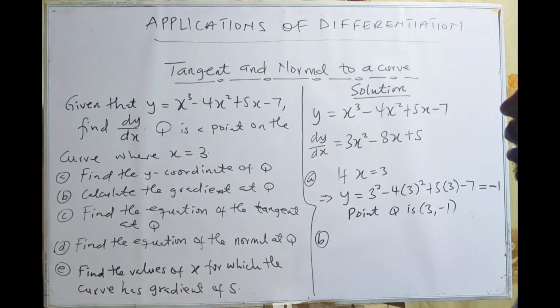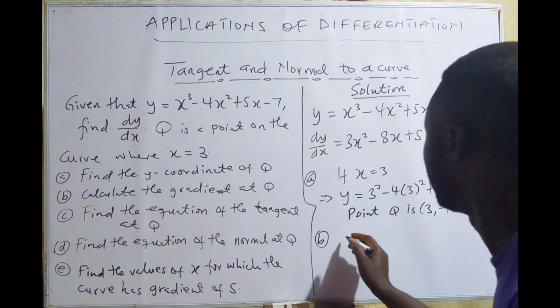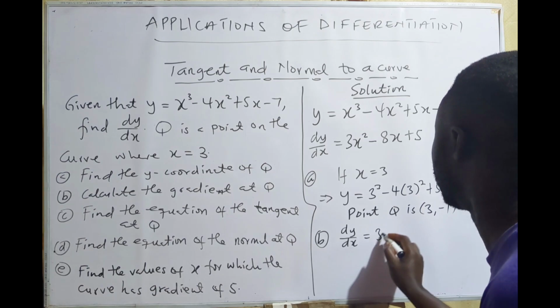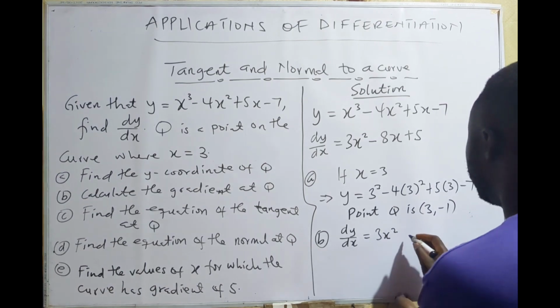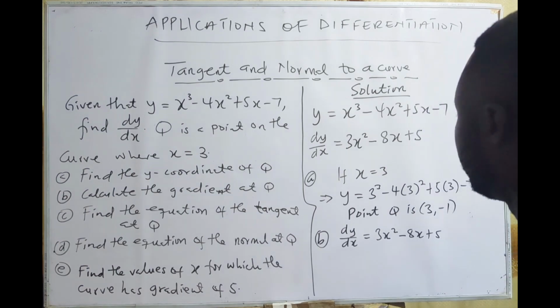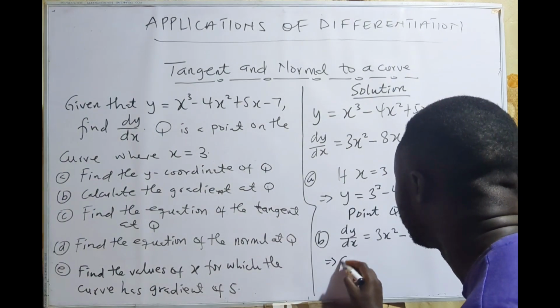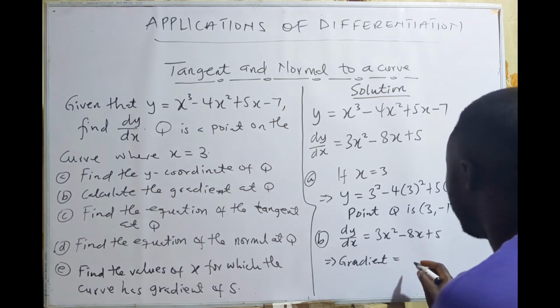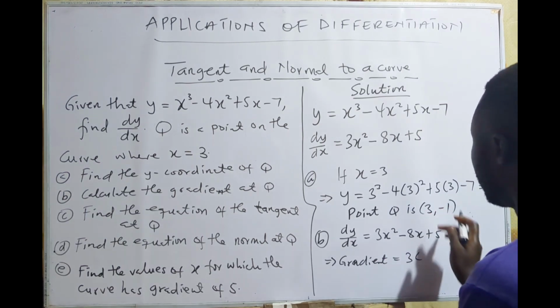B. Calculate the gradient at Q. So we are going to calculate the gradient at Q. What is the gradient function? Our dy/dx is 3x squared minus 8x plus 5. So the gradient will be equal to, we substitute 3.